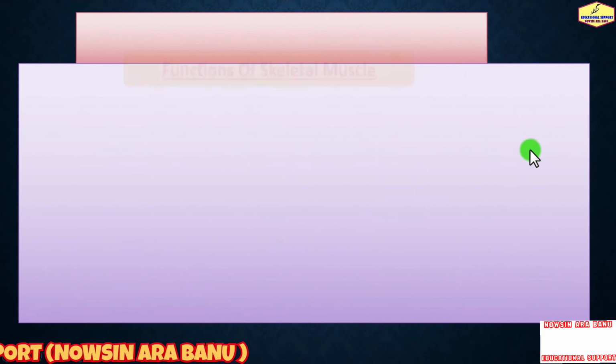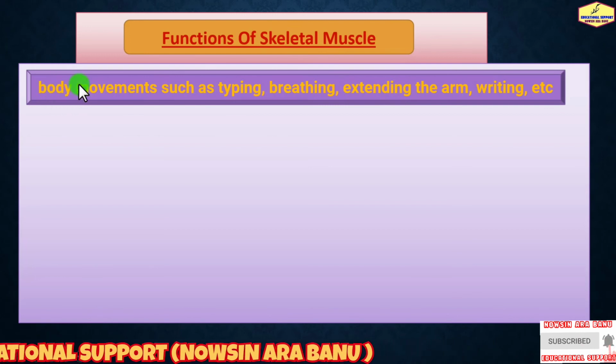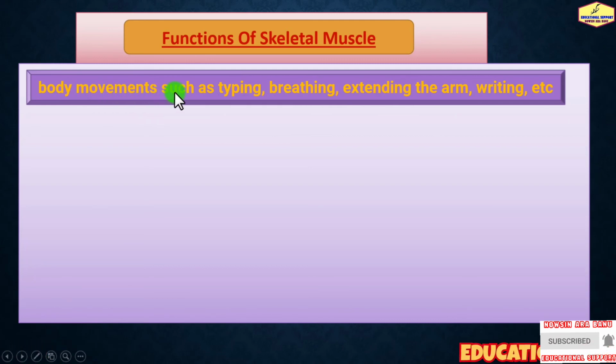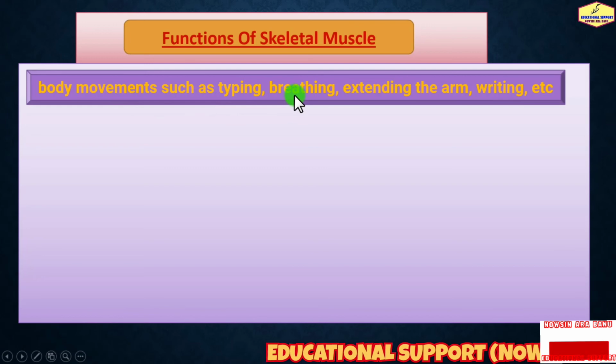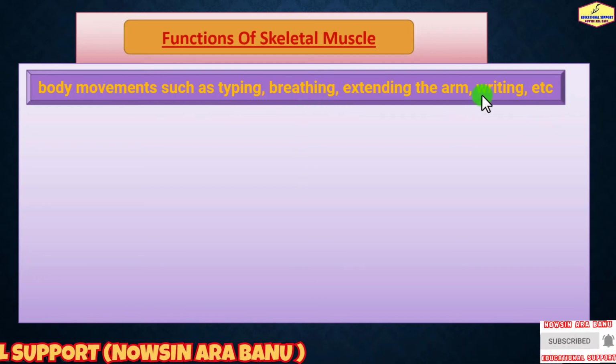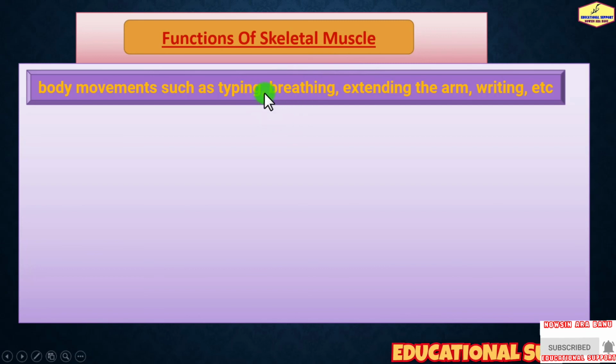Next, we are going to focus on the functions of skeletal muscles. So, the important skeletal muscle functions are: number 1, skeletal muscles are responsible for body movements such as typing, breathing, extending the arm, writing, etc. The muscle contracts, which pulls the tendons on the bones and causes movement.